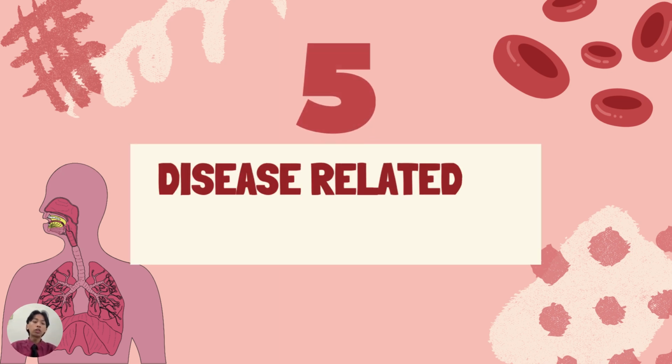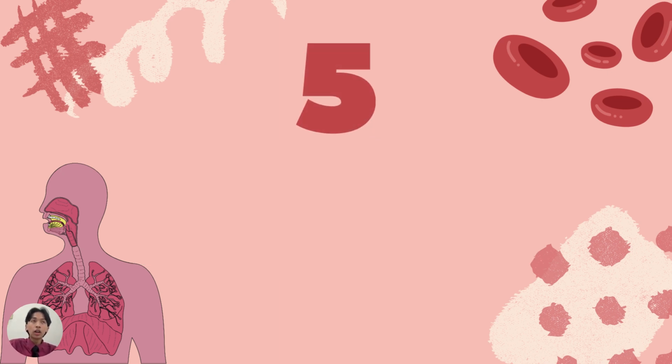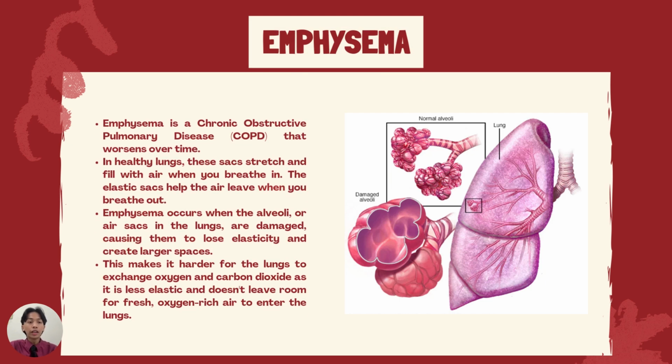So next, I'll be talking about a disease related to the respiratory system, which is emphysema. Emphysema is a chronic obstructive pulmonary disease, COPD, that will get worse over time. In a healthy lung, the alveolar sac will stretch and be filled with air when we breathe in, and this elastic sac will help push the air out when we breathe out.